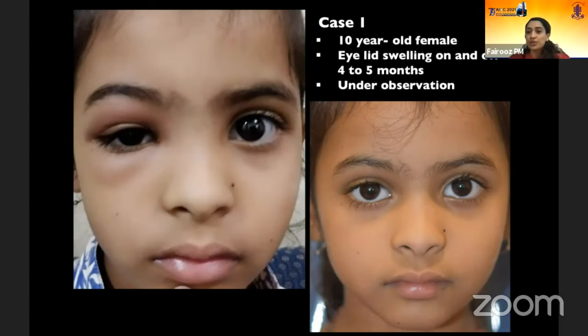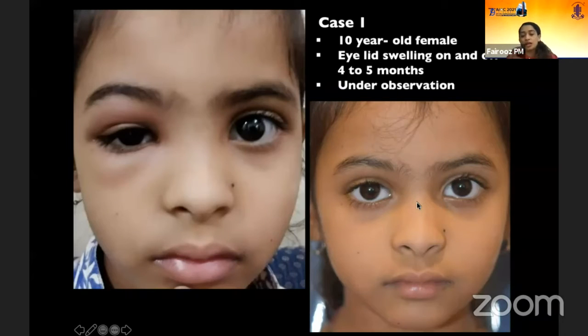So this was a 10-year-old girl who presented with a recurrent eyelid swelling on and off for the past 4 to 6 months. The right-hand picture is when I saw her, but the parents had shared the previous picture, telling us she does have severe swelling. It comes one day and persists for like 4 to 5 days and then disappears.